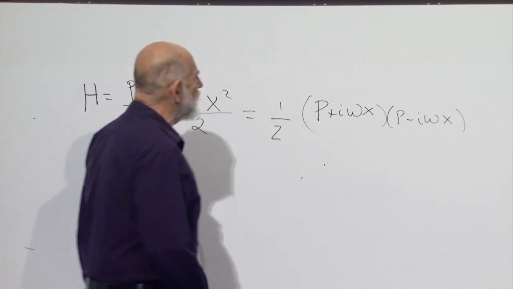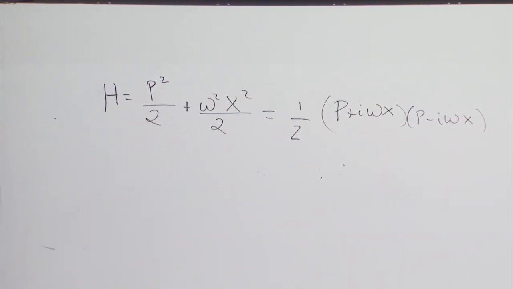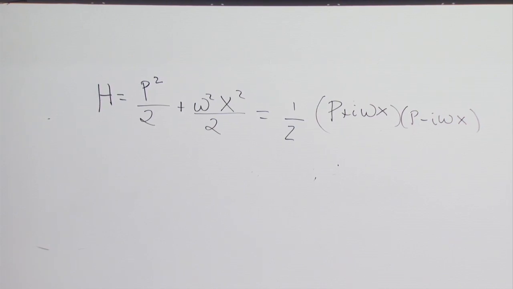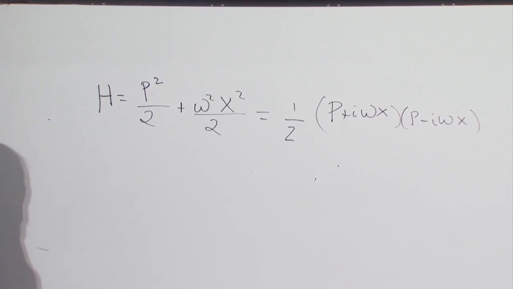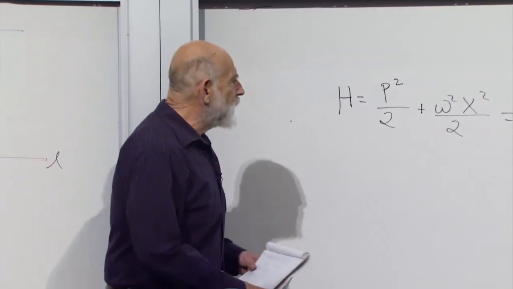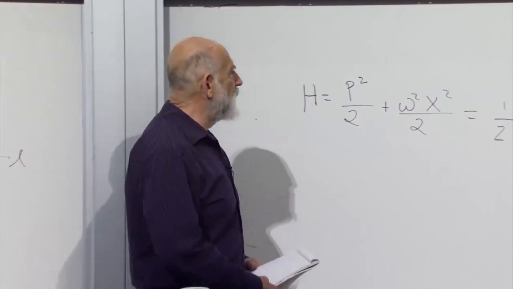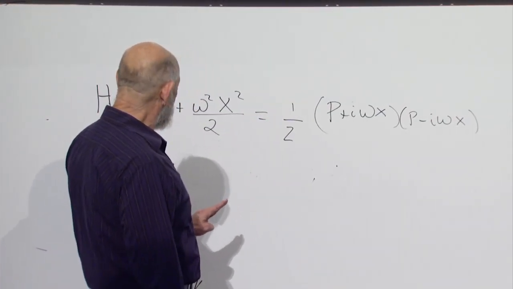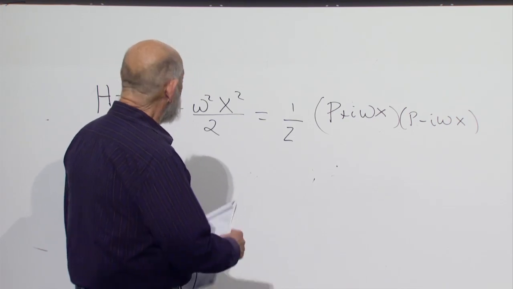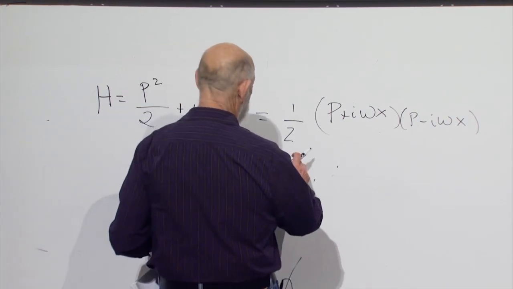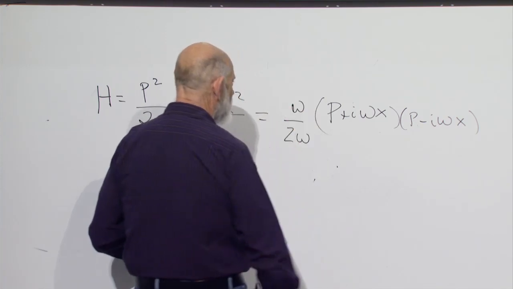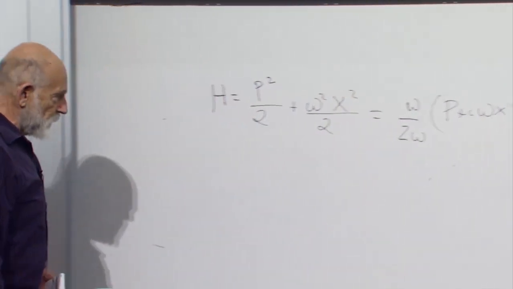Is this looking familiar? Not from the harmonic oscillator, but from about an hour ago. Lx plus iLy and Lx minus iLy. Yeah, okay. So let's do this. Is this right? Yeah, that's right. I'm also going to put an omega downstairs and an omega upstairs. Only because it's convention.